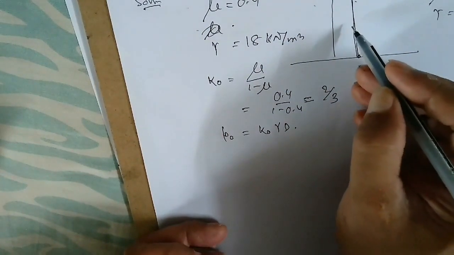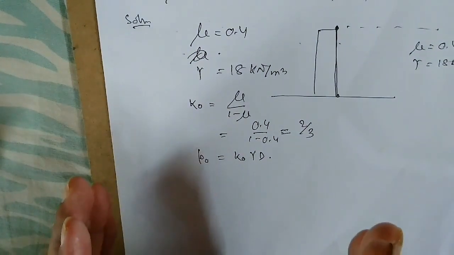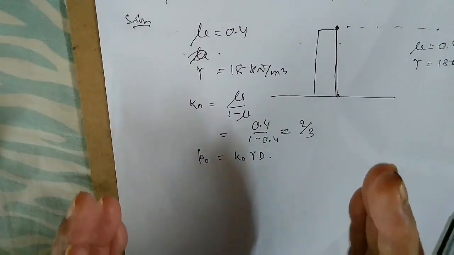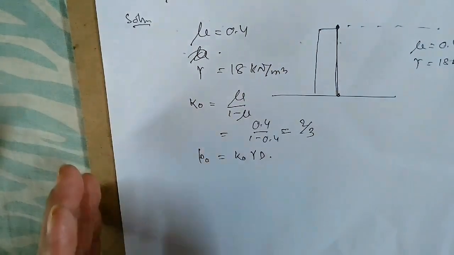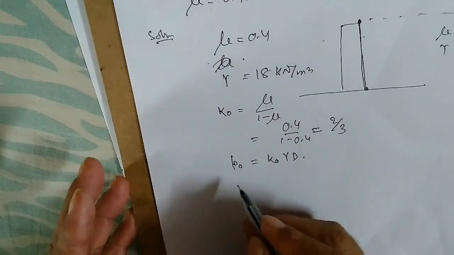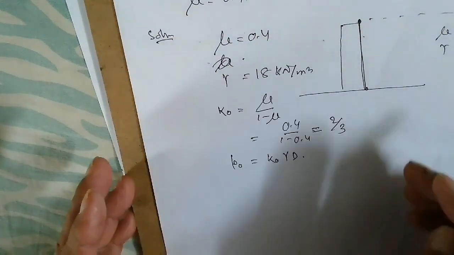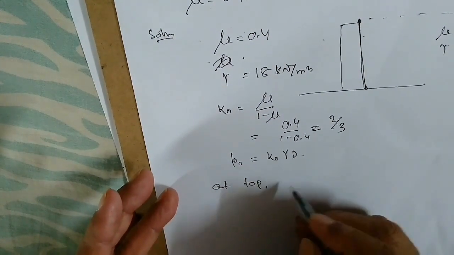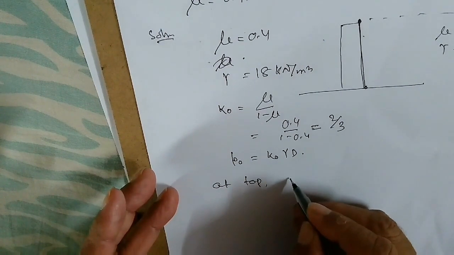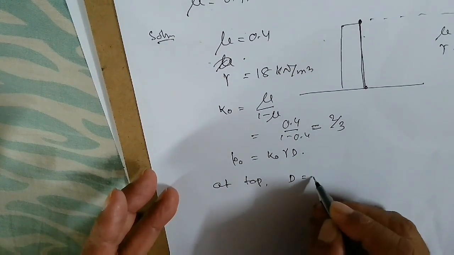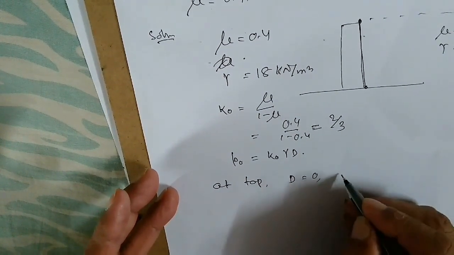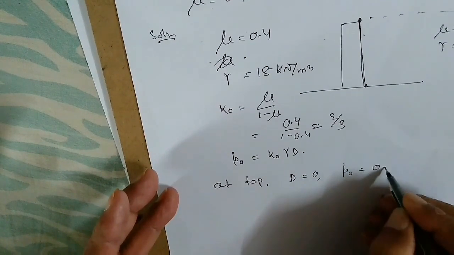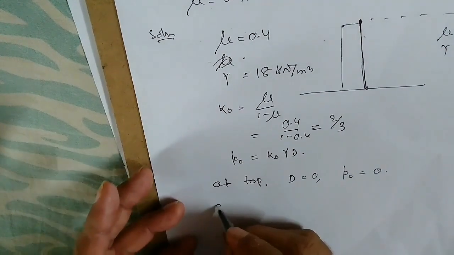There are no intermediate points where the earth pressure changes. It varies linearly and uniformly from top to bottom, so we find the pressure only at top and bottom and join them. So at top, D is equal to 0, so P0 is equal to 0.